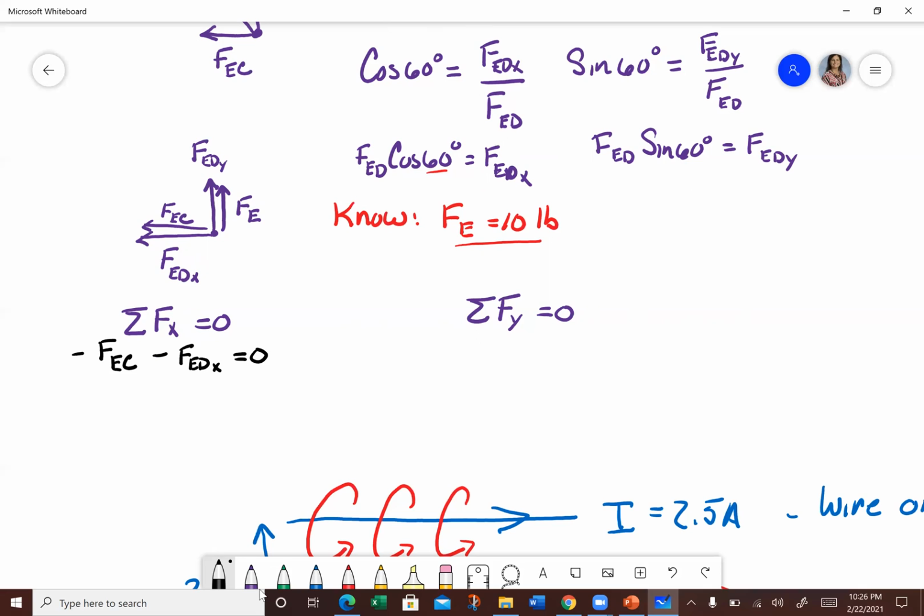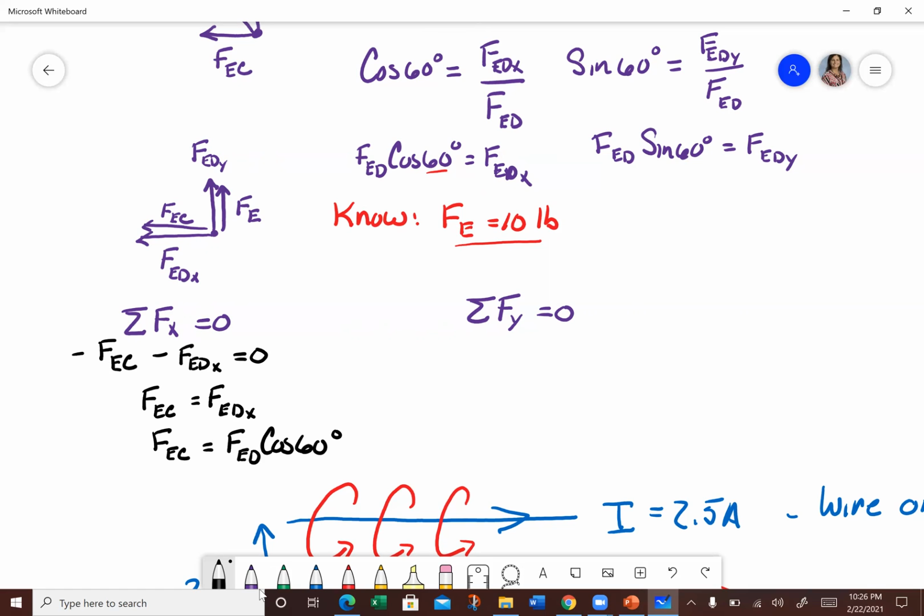So FEC equals FEDX. FEC is equal to FED cosine of 60 degrees.